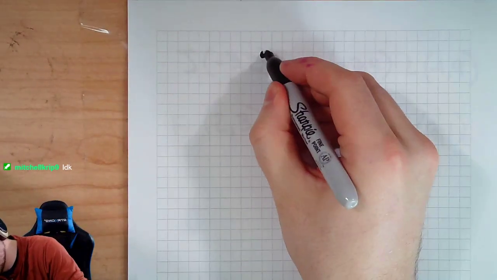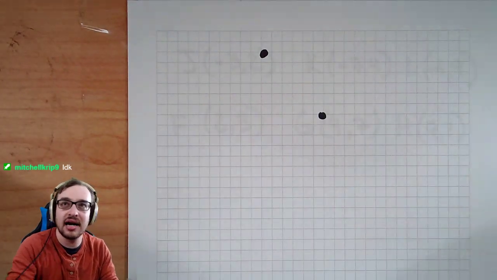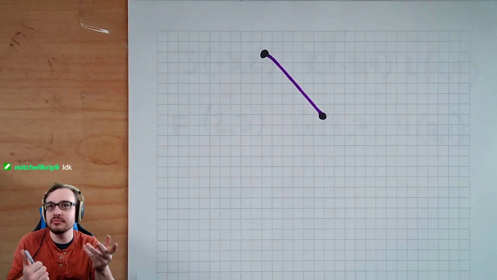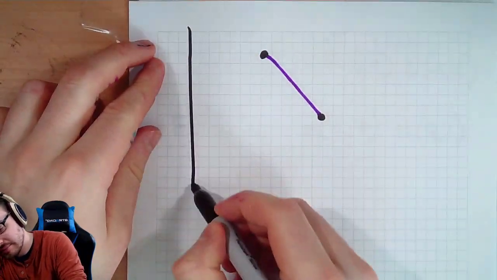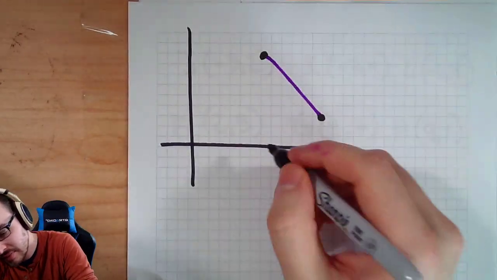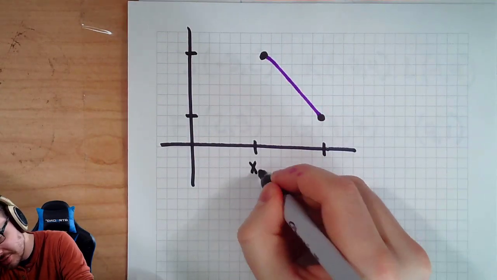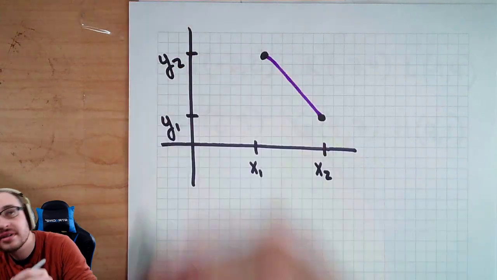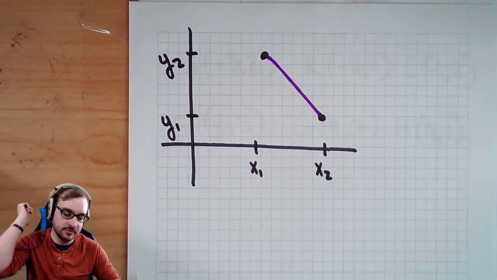So if I have 2 points on a coordinate plane, right? Here are my 2 points. And I want to figure out how far they are apart, the distance. Distance formula. Well, I know the coordinates of these dots, some x value, some y value, whatever those numbers are.